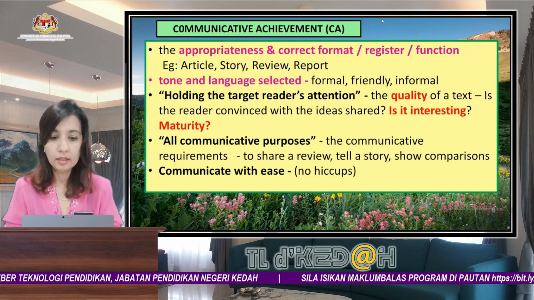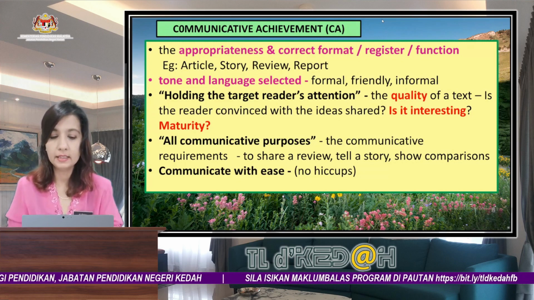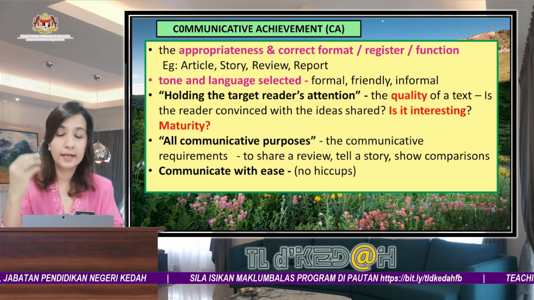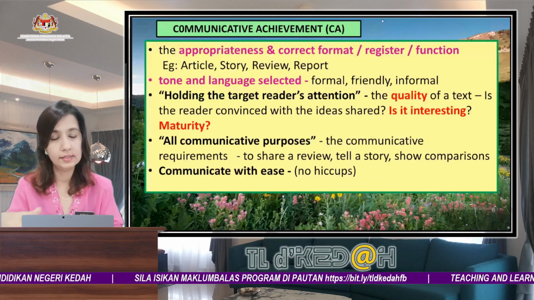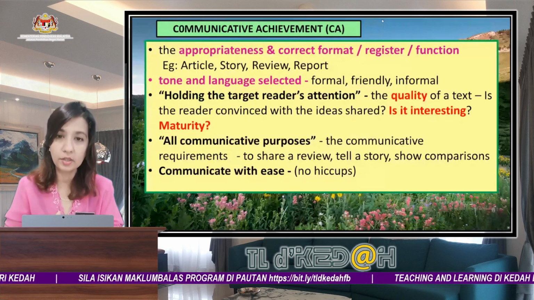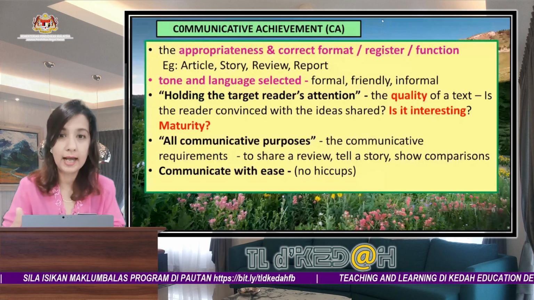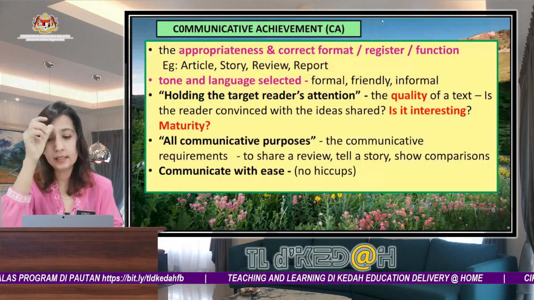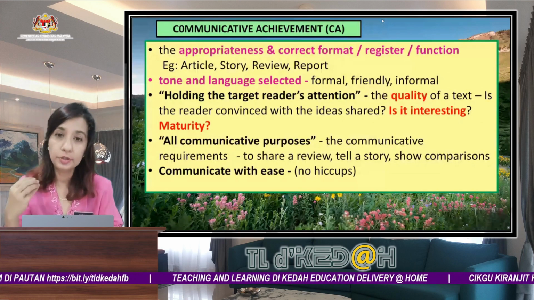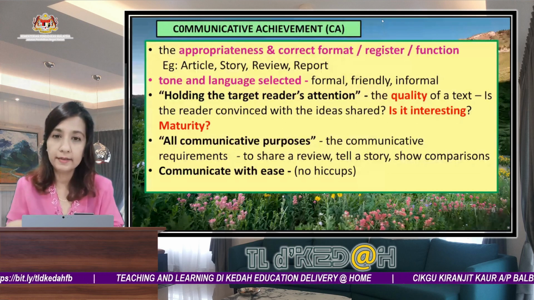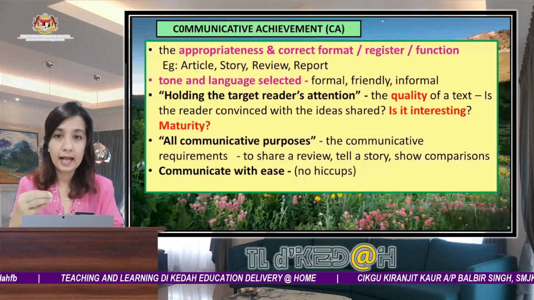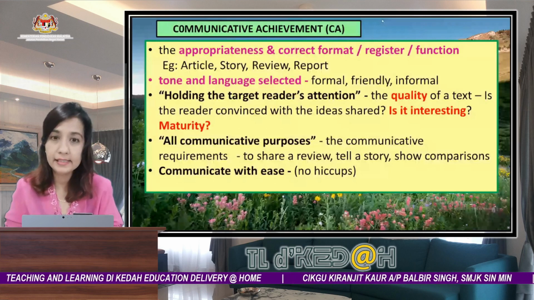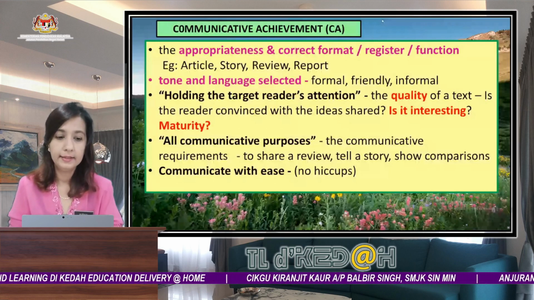Okay, so all communicative purposes are achieved here, meaning that if you are sharing a review, the tone, the language, the choice of words are related to how a review should be shared. And the same goes for storytelling. How do you start the story? It should be very clear. If it's an article, there should be some comparisons, or a report, right?